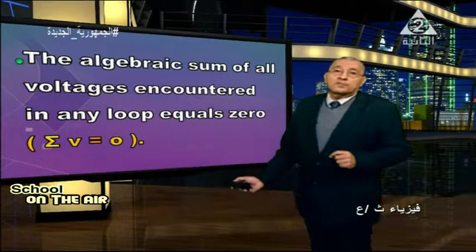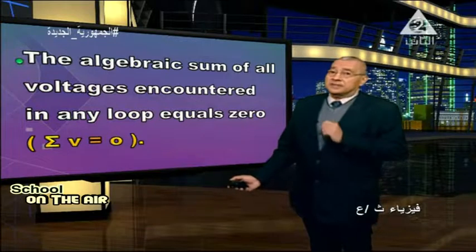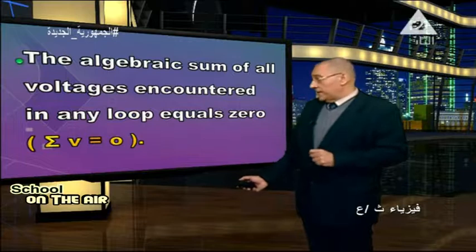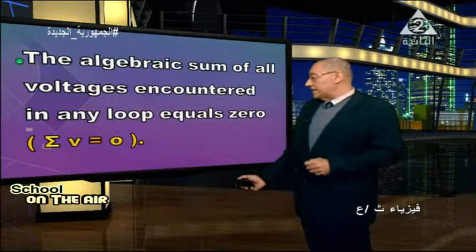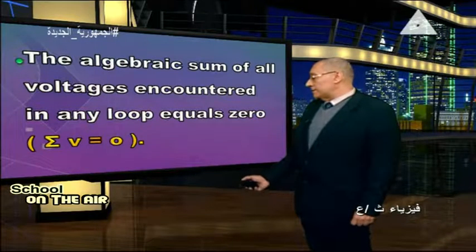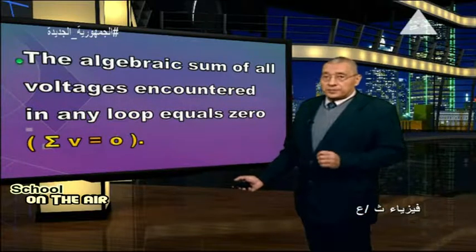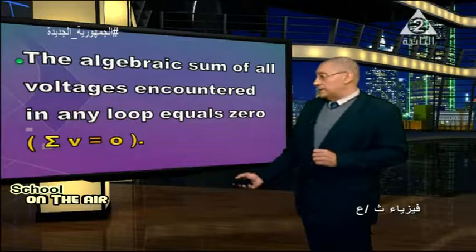Sum of voltage equals 0. It is Kirchhoff second law or Kirchhoff voltage law. The algebraic sum of all voltages encountered in any loop equals 0. Sum of voltages equals 0.